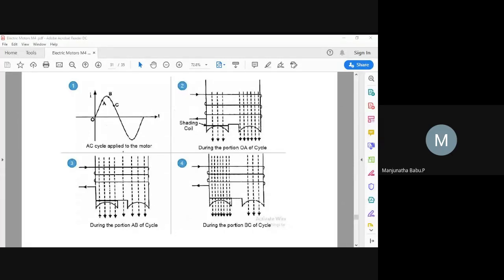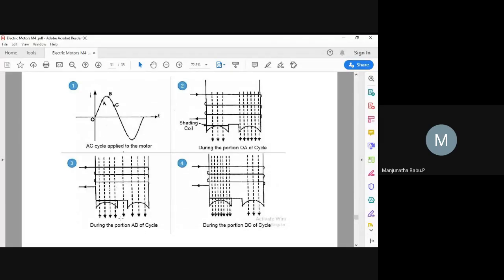Similarly, when we consider the portion A to B of the cycle, the flux has reached its maximum, at 90 degrees you can say. When the flux has reached its maximum, there are not many changes.